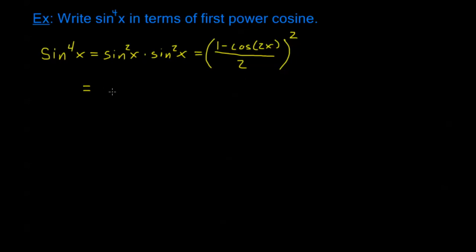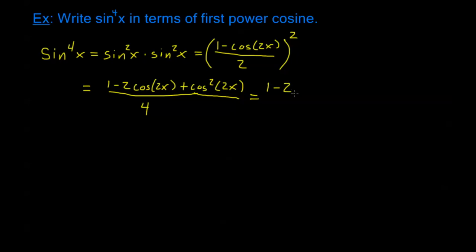So my denominator is just 2 squared, which gives us 4, and 1 minus cosine 2x squared gives me 1 minus 2 cosine 2x plus cosine squared 2x. So now I need to get rid of this cosine squared. That's where we need to focus our energies.